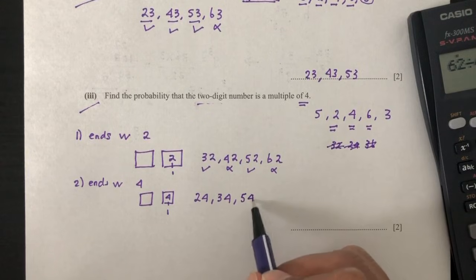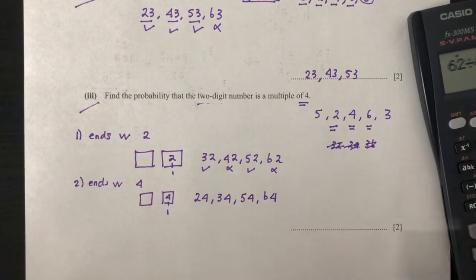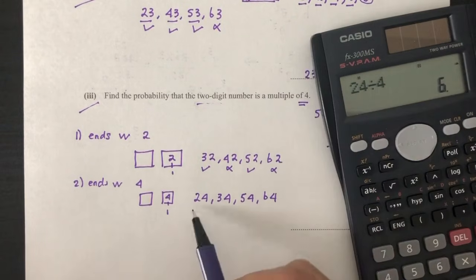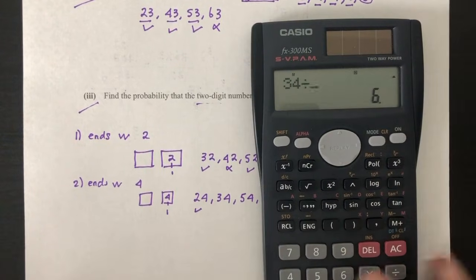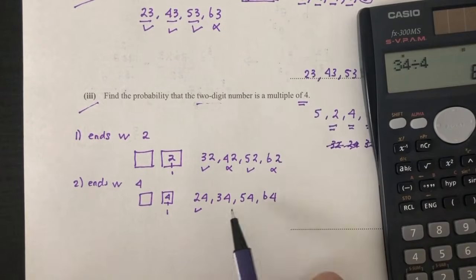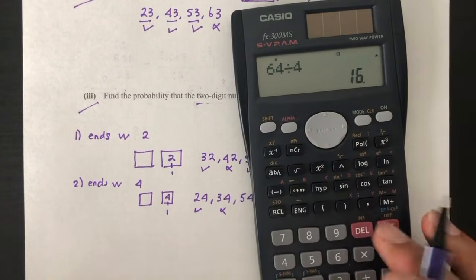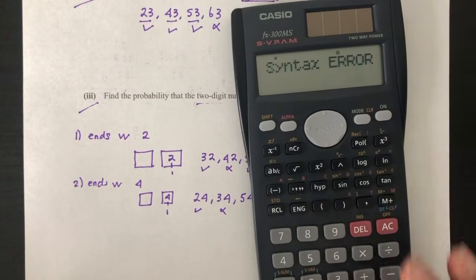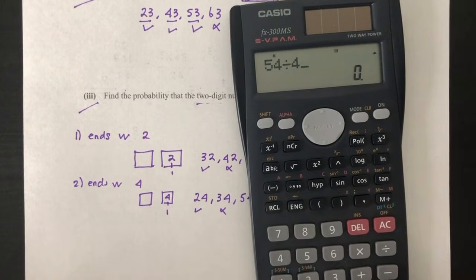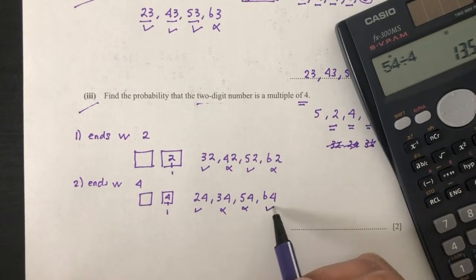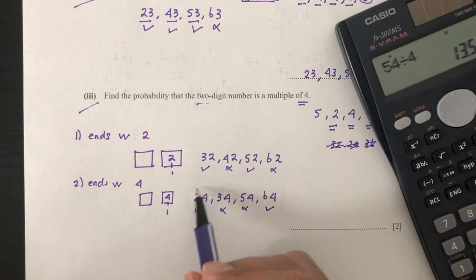It can be 54 or 64. So testing one by one. 24 divided by 4, yes, so exact value, good. 34 divided by 4, not exact, so not good. 54 divided by 4, that will be not exact. 64 divided by 4 will be 16, so here we have two values as well.